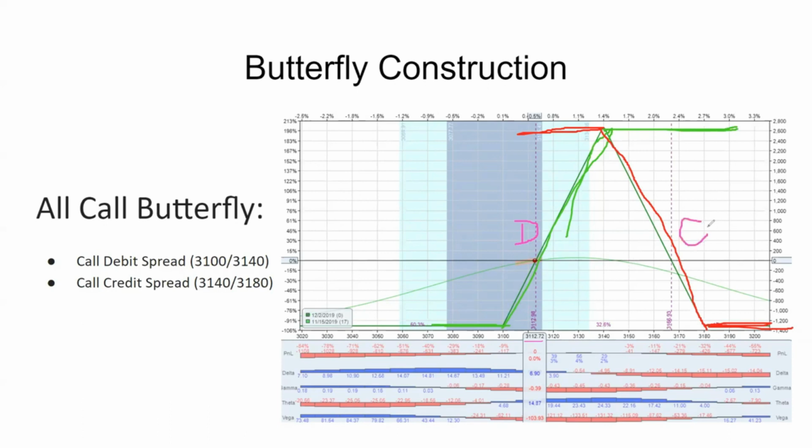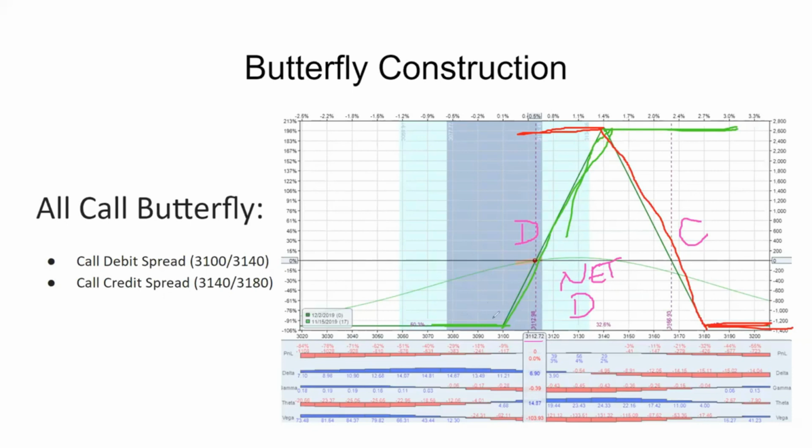Now, because this credit spread does not have enough premium to cover the cost of the debit spread, this is going to be a net debit transaction. And this net debit is the risk in this trade. In other words, this is the most that this butterfly can lose.